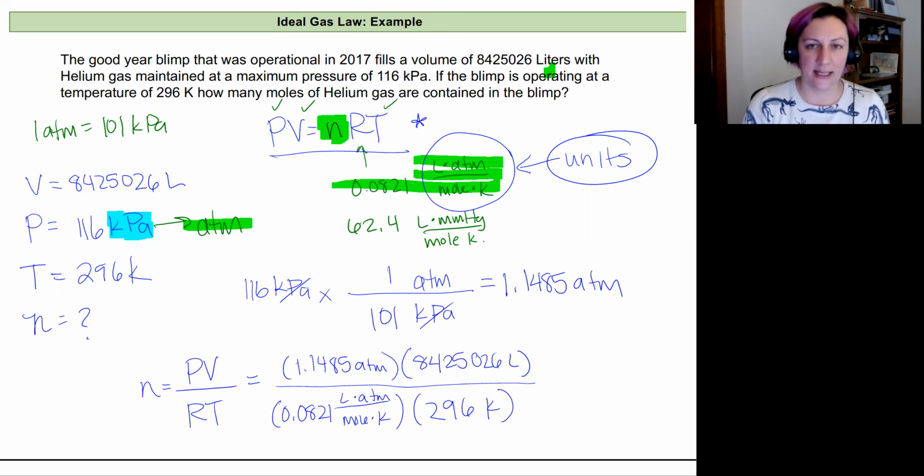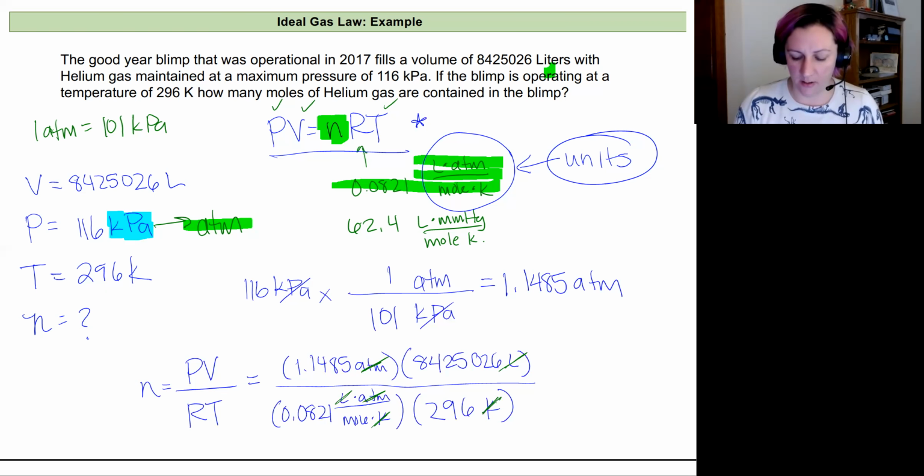Looking at this, I can make sure that my units actually work out. My atmospheres on top cancel with the atmospheres in my R value. Same with my liters. And my temperature is in the denominator, so the Kelvins cancel out. So I'm going to have units of moles, which is perfect because that's exactly what I want.